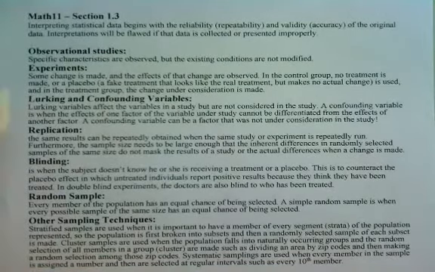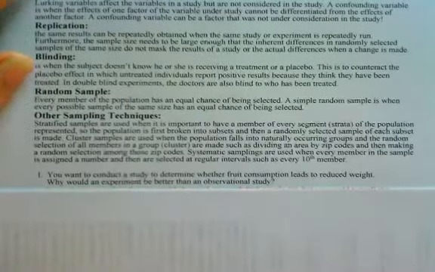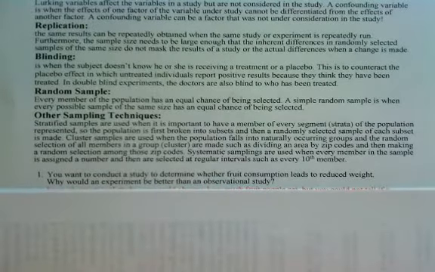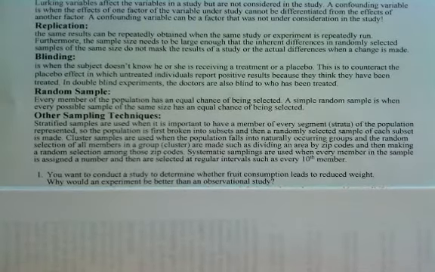Let's go over a few examples now. So to start off, you want to conduct a study to determine whether fruit consumption leads to reduced weight. Why would an experiment be better than an observational study? So if we're doing an experiment, we might be looking at how much fruit they're actually consuming, and then relating that to how much weight was lost.